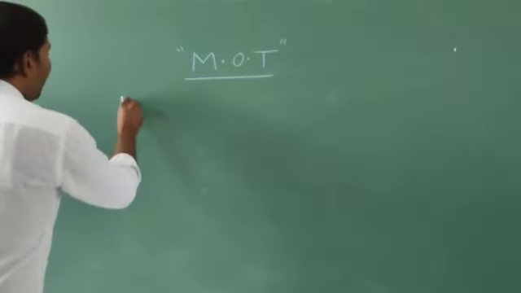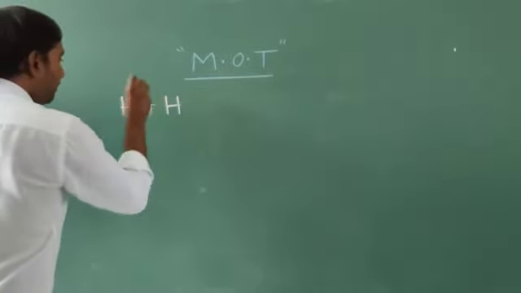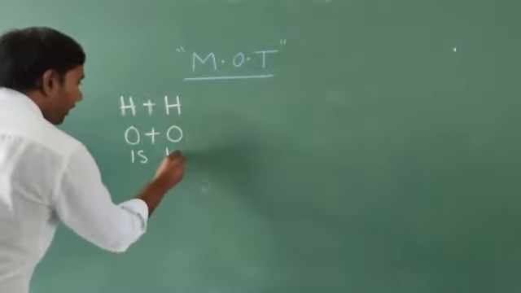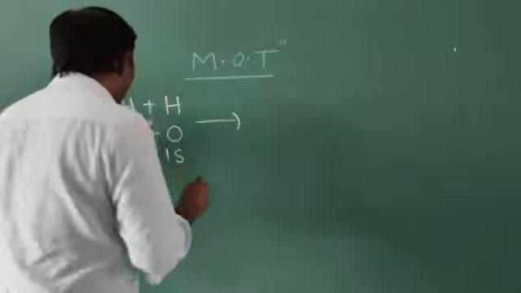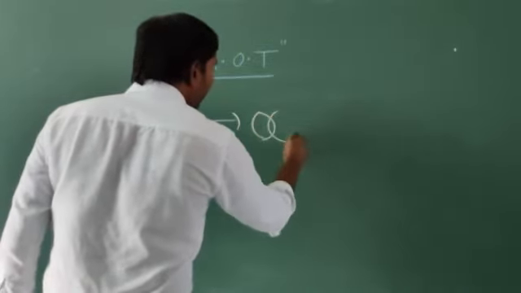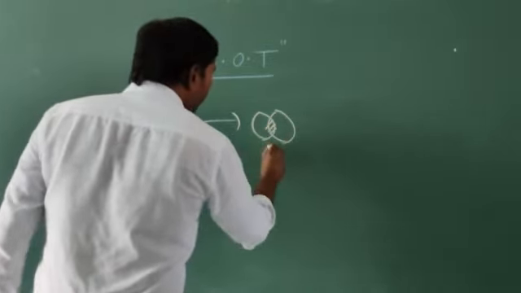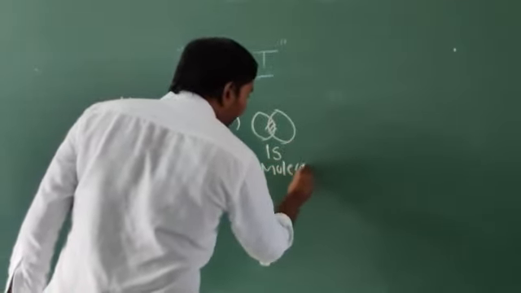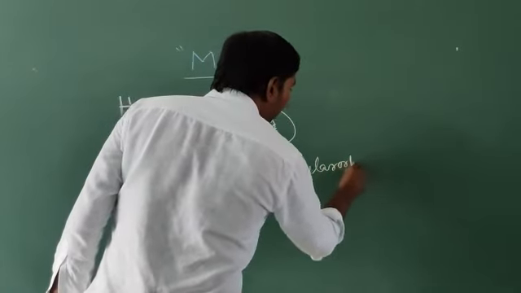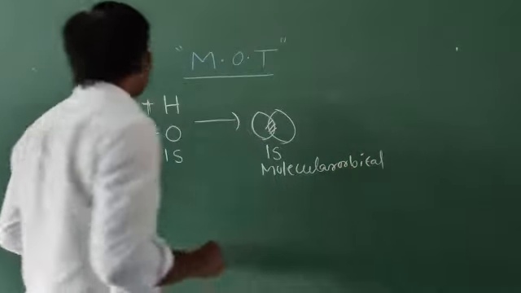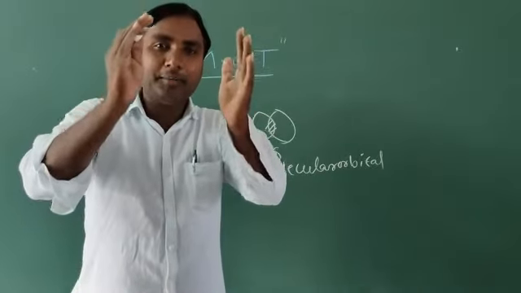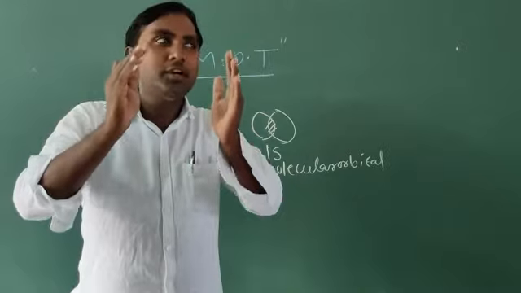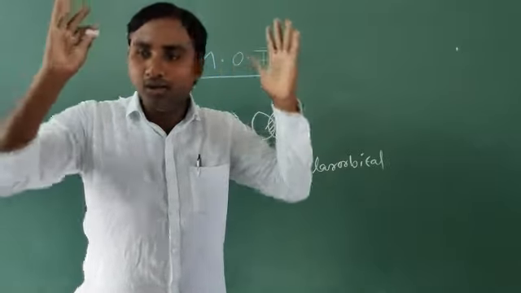For example, two hydrogen atoms, with atomic orbitals 1s and 1s, undergo overlap to form a 1s molecular orbital. A simple molecular orbital: the number of atomic orbitals undergoing overlap forms molecular orbitals.